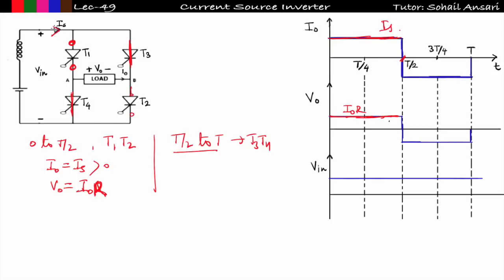So the whole source current Is will flow along this direction through T3, then it will flow from B to A across the load.